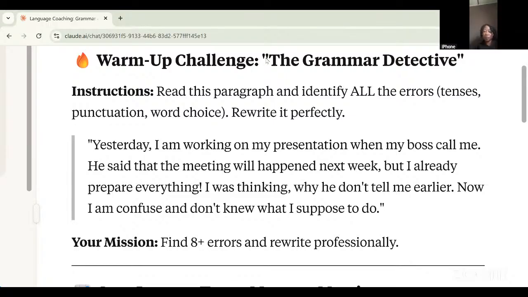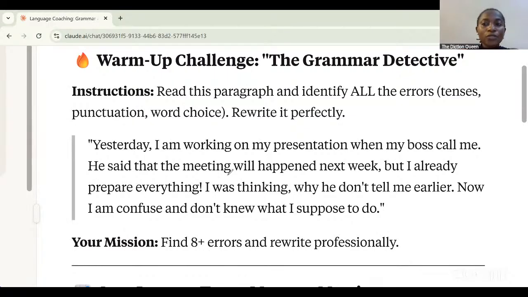Yes, ma'am. So I already explained to you why we should use I was thinking and why we should use I thought. So my question was, if you were the writer, which of these do you think the writer is trying to express? Is she or he still thinking from yesterday until now, or do you feel the writer would be done thinking about that?